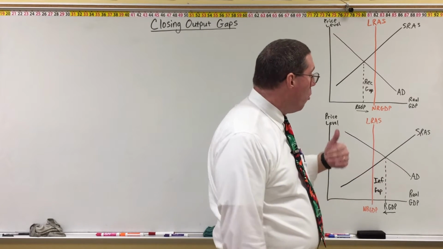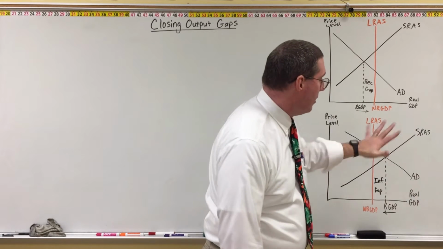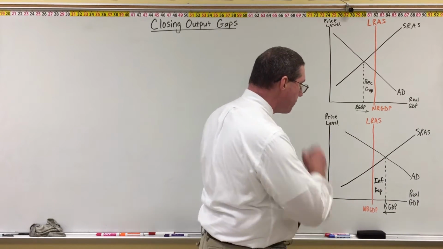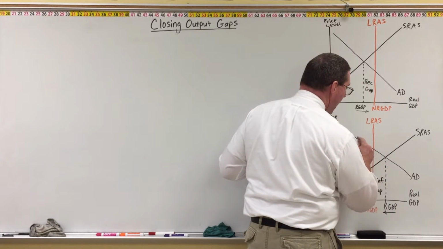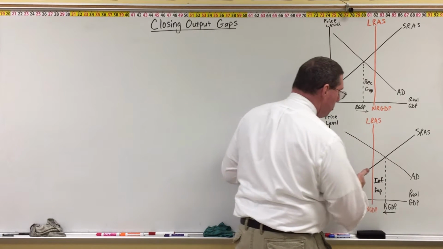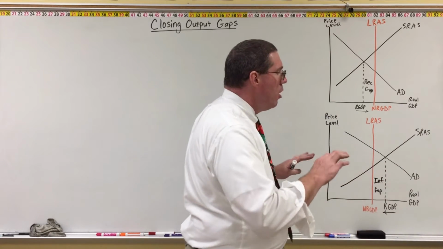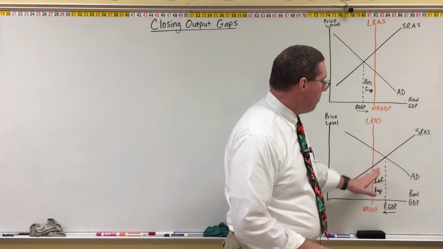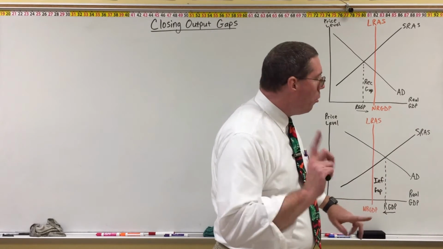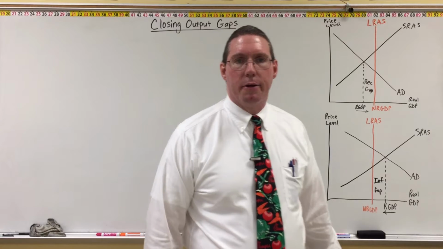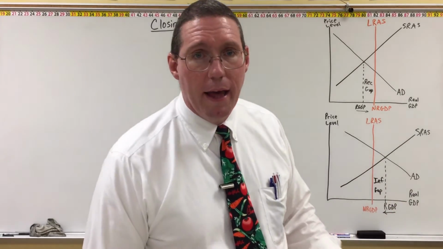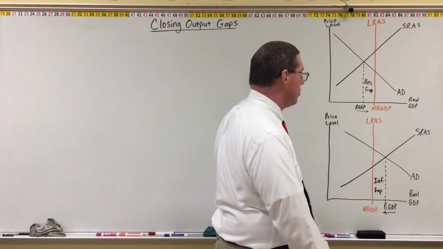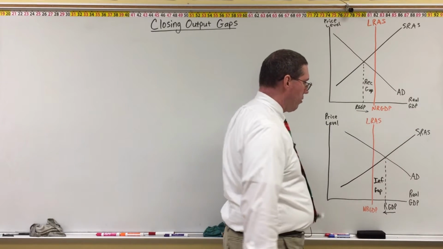And therefore, what we are able to affect in the economy as economists and as politicians, as leaders, is aggregate demand, and we are able to affect short-run aggregate supply almost directly, in such a way that we can manipulate those two curves. But we do not manipulate long-run aggregate supply in any kind of direct way. And therefore, if we want to close this inflationary gap, we are not going to do it by moving the long-run aggregate supply curve.